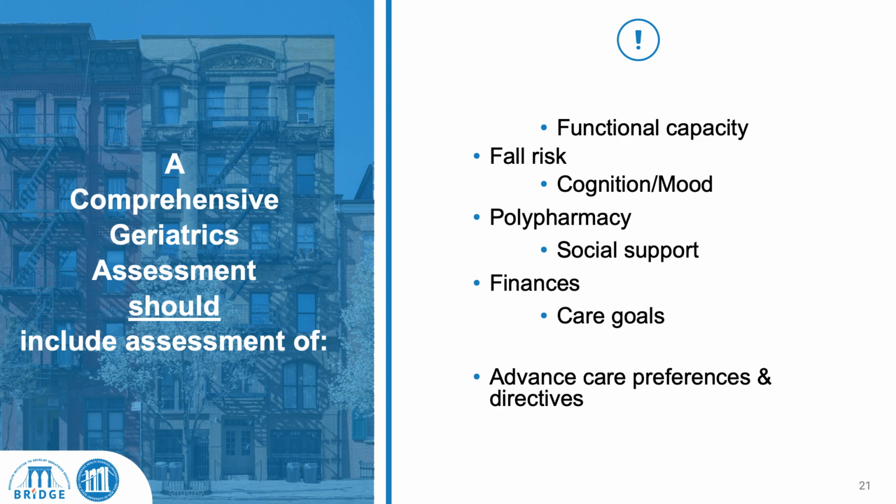Polypharmacy, which I'll cover also in a little bit. Their social support, their caregivers, their finances, their care goals. So care plans, care goals, again, coming back to what's important to the patient, what's important to the community resident, what's important to the family. So their care goals.